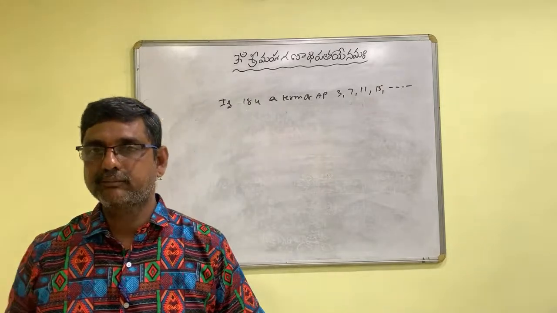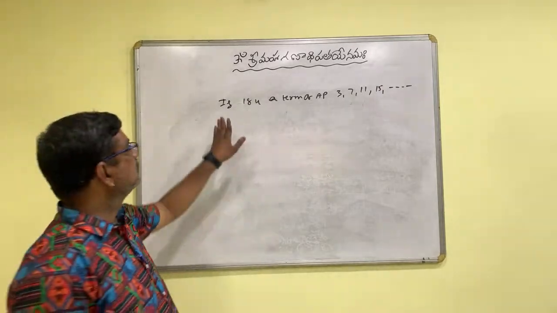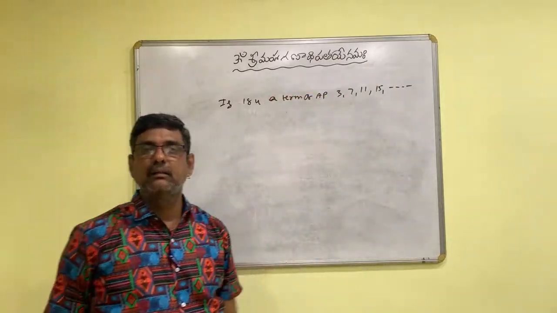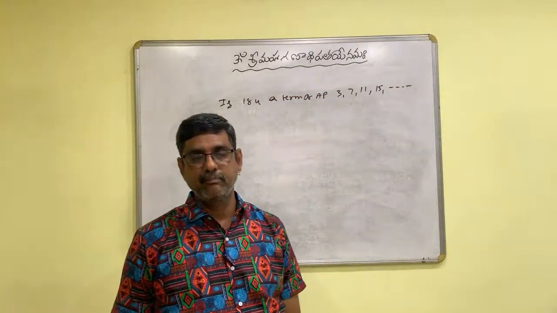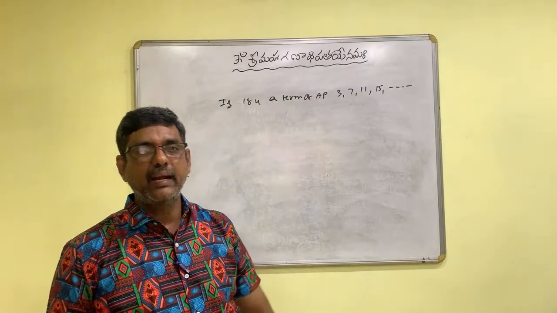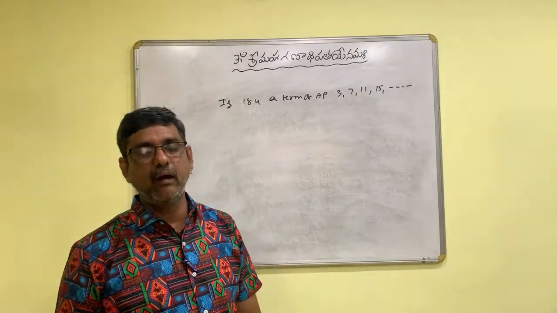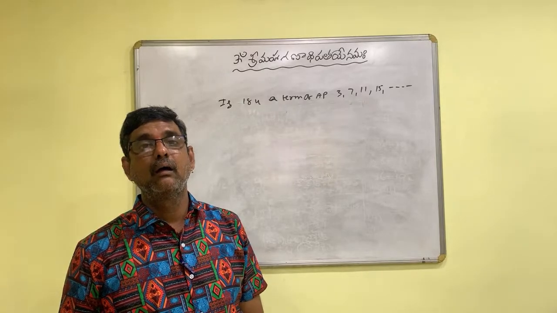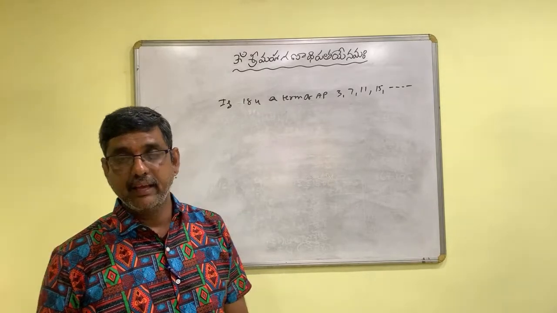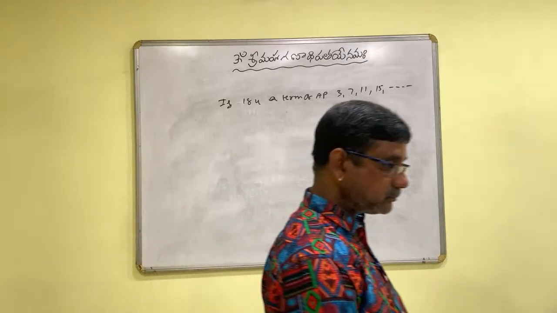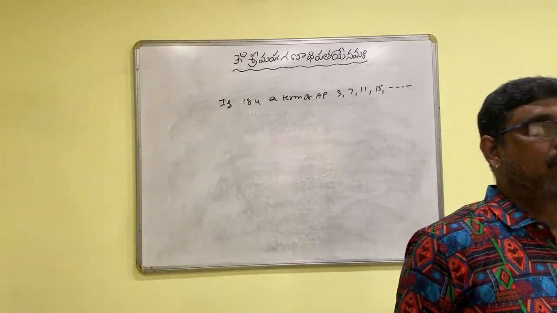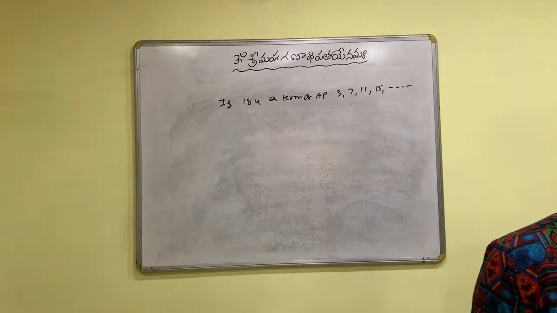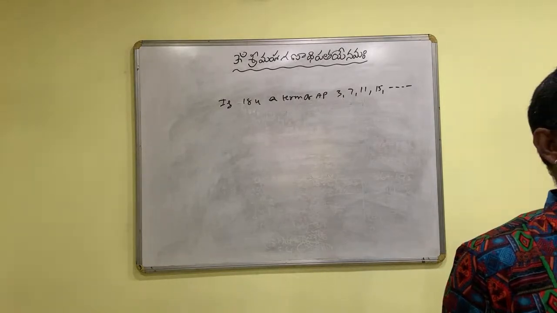This is the question. Is 184 a term of this AP or not? This is what we have to say. What does that mean? Can anyone tell? What do we have to do? Any idea? Is 184 a term of 3, 7, 11, 15 and so on?